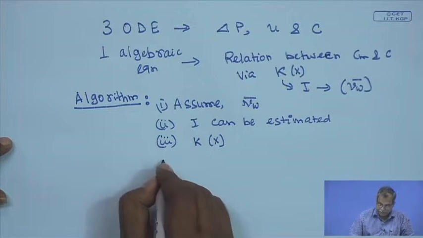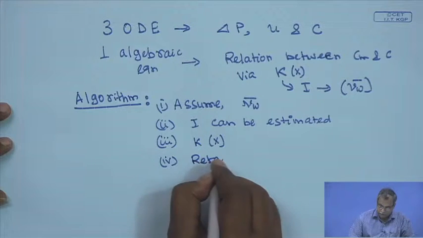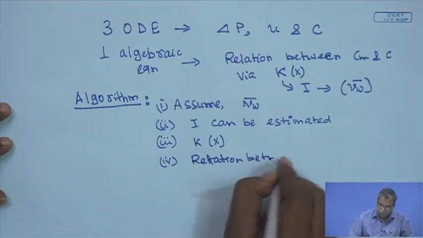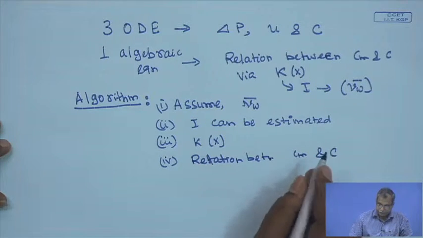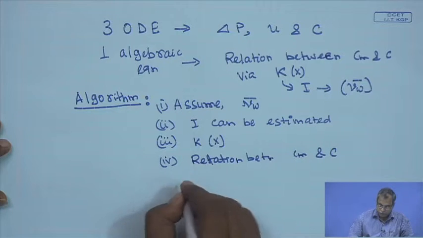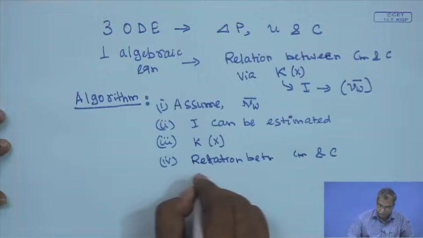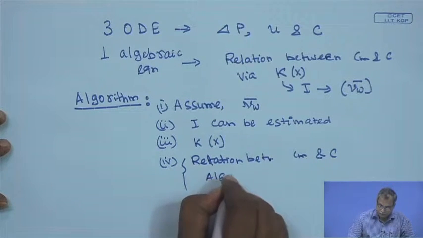Once I get k as a function of x, then I can go to the relation between Cm and C, estimate the value of Cm, and then we will hook up this equation with the DAE system.